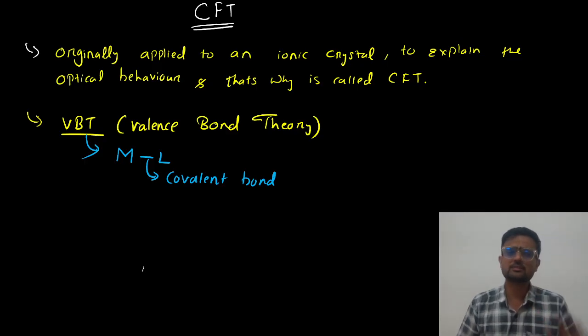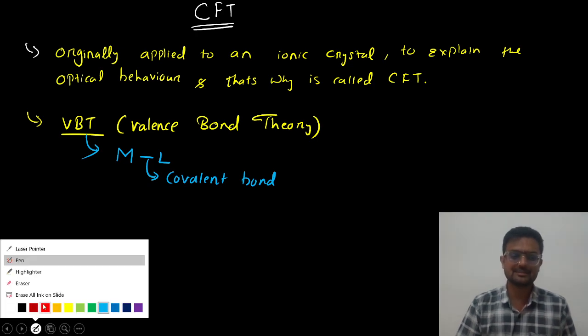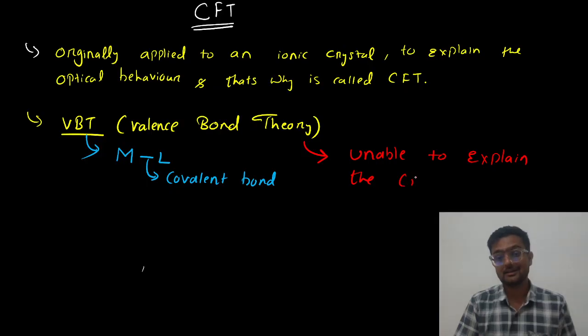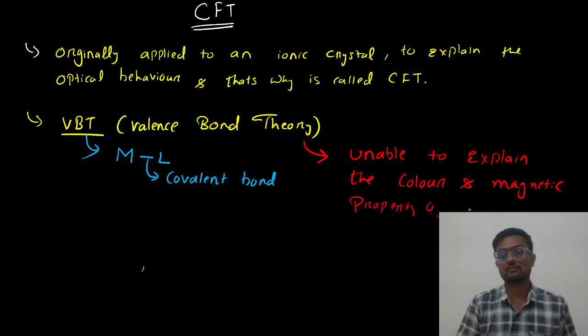But there was a small problem in VBT. The major drawback of VBT was that it was unable to explain the color and the magnetic property of compounds.